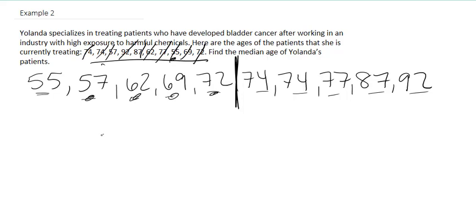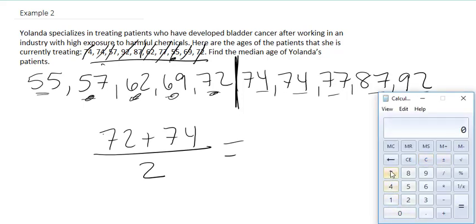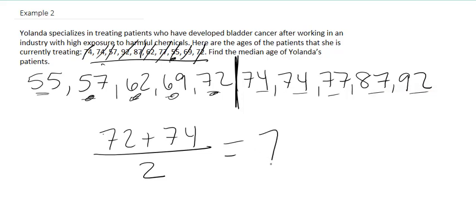So let's add these numbers together and then divide by 2 to get our median. This will be 72 plus 74 equals 146, divided by 2 to give us 73. So this is our median age.